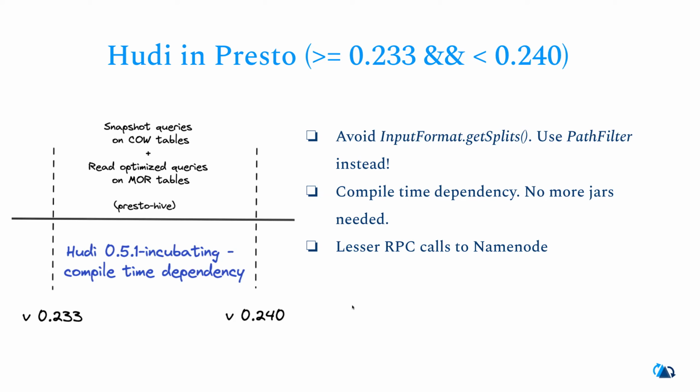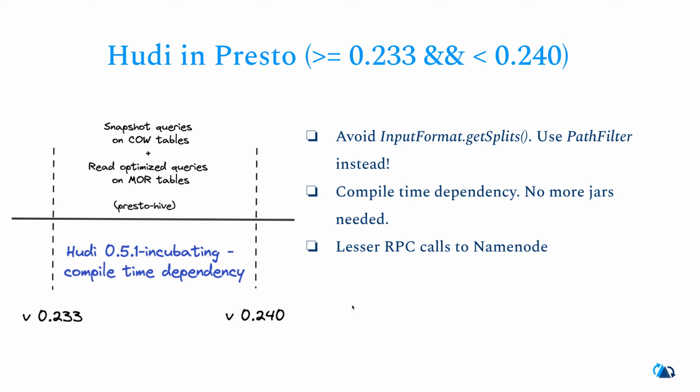In versions greater than 0.233, we actually saw some perf degradation with that approach, and we started using path filter. And we memoized these path filters so that we save some computation. Additionally, we made Hudi a compile time dependency, so users didn't have to place that Hudi Presto bundle in the Hive connector installation.